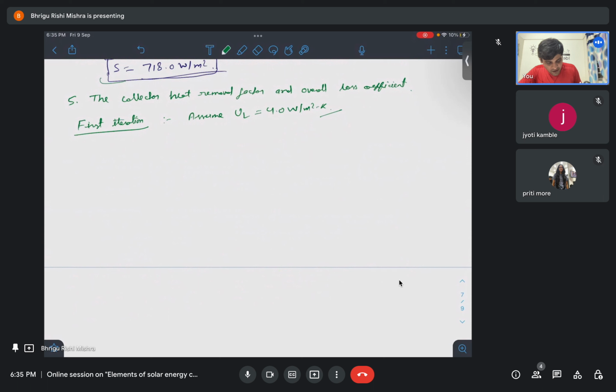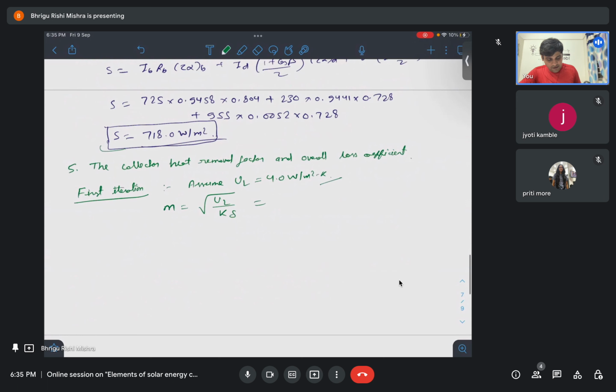Now we can calculate m, which is root of UL by K delta. This K is the thermal conductivity which is given here. Not this K, sorry.